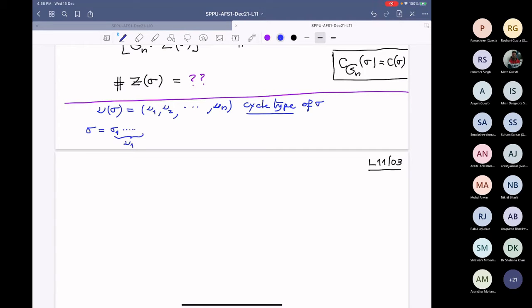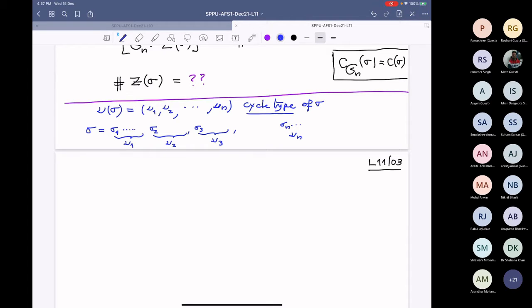Then 2 cycles will appear nu2 times, 3 cycles will appear nu3 times, and so on. N cycles will appear nu_n times. This is actually the finer way of writing canonical cycle decomposition.